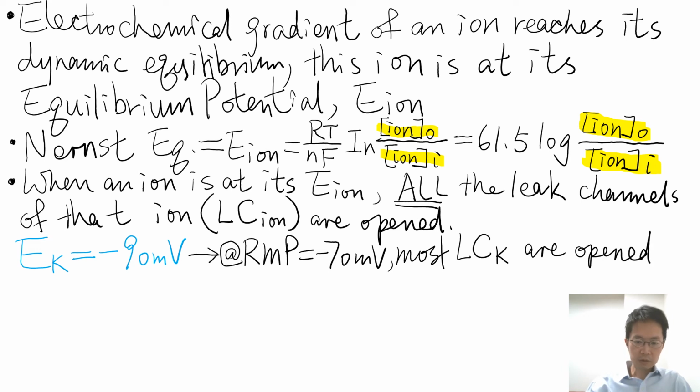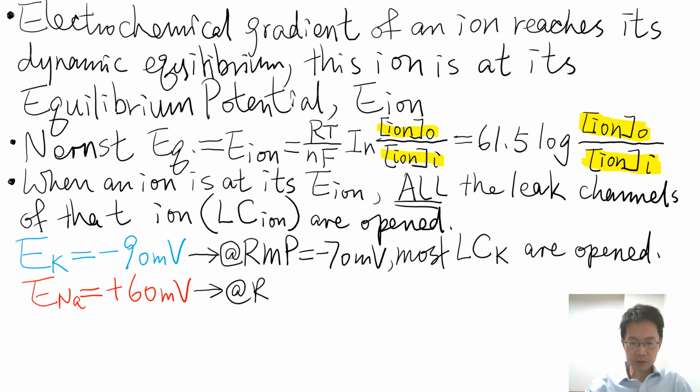What about sodium? What is ENA? See if your short-term memory is good. ENA is approximately plus 60 millivolt. So at resting membrane potential of minus 70 millivolt, only a few leak channels of sodium are open.